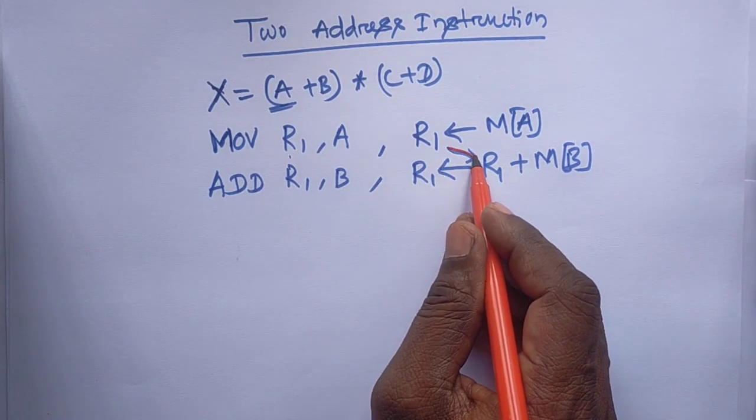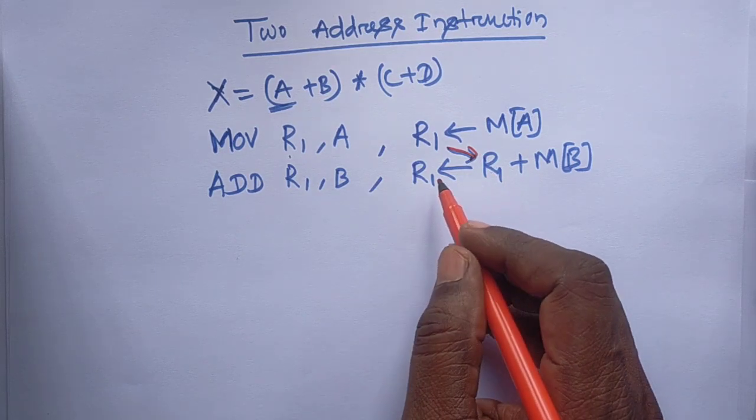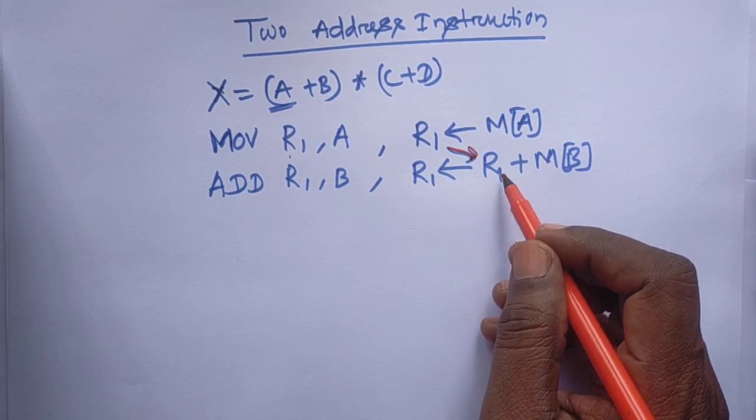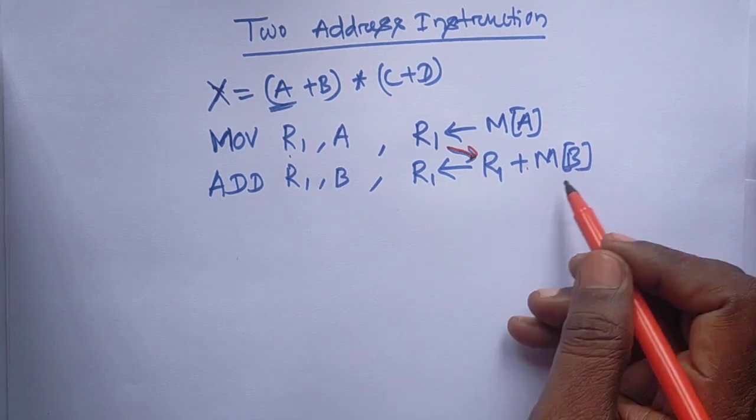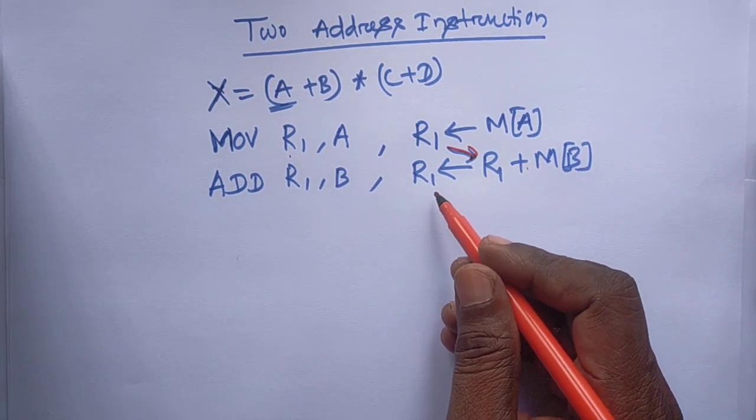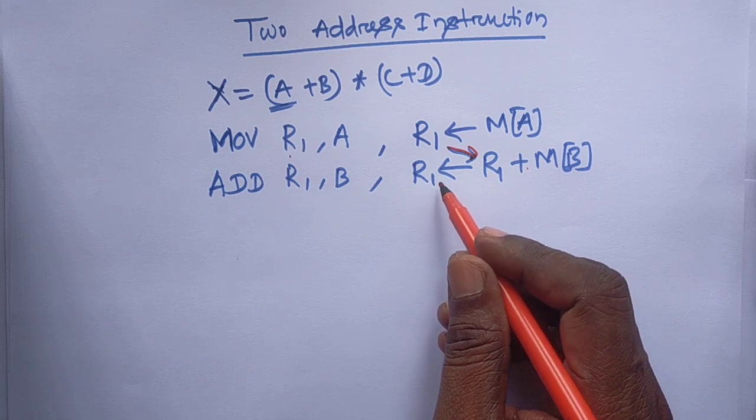R1 already contains M[A], and when added with B, R1 means M[A] plus M[B], and the whole data is stored in R1. So R1 is updated in this way.